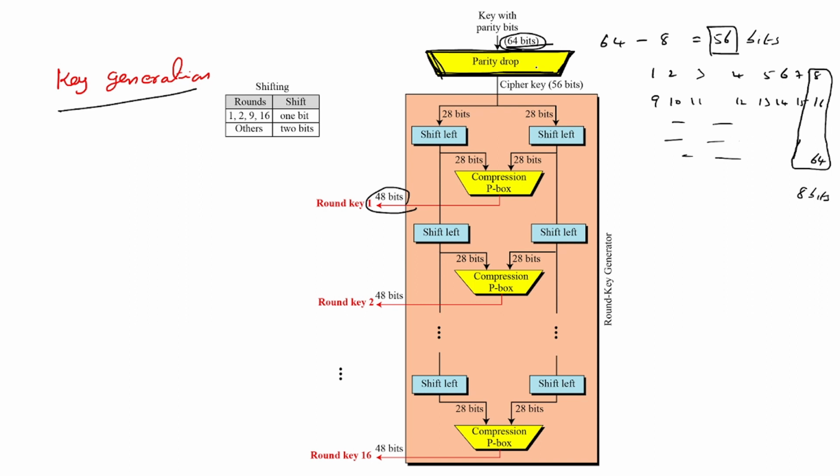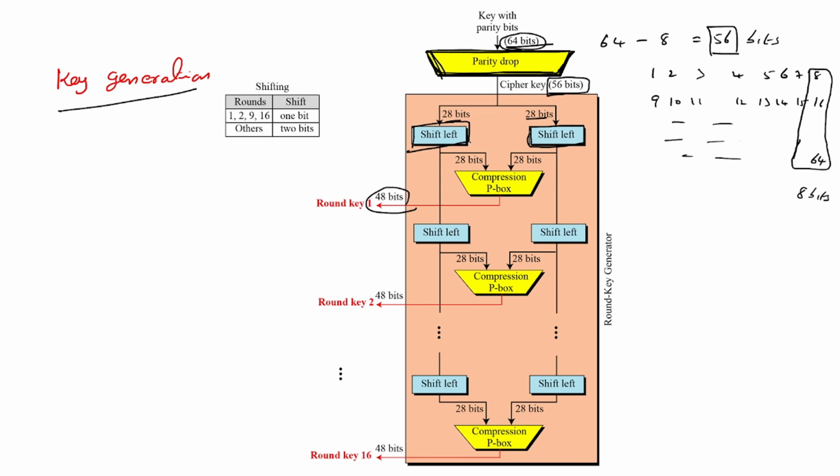After that the 56 bits will be divided into two halves, 28 bits and 28 bits, and for each 28 bits we need to perform a circular left shift operation.